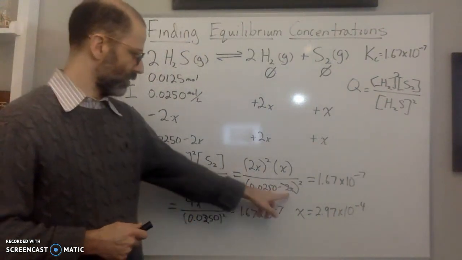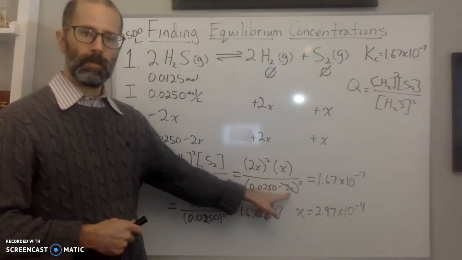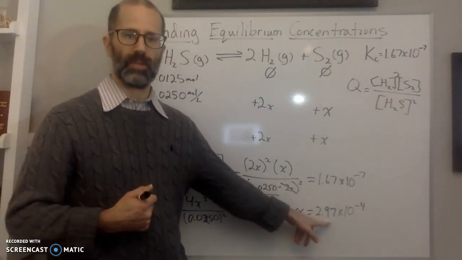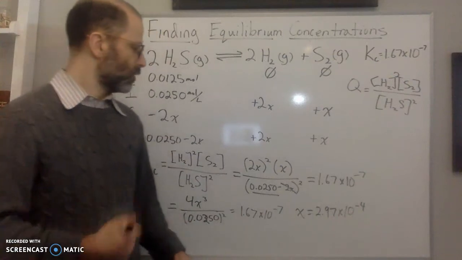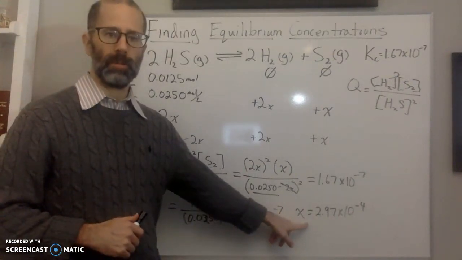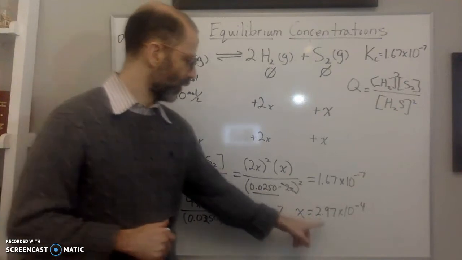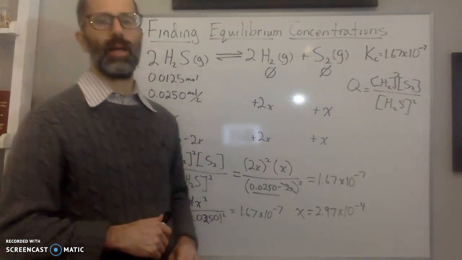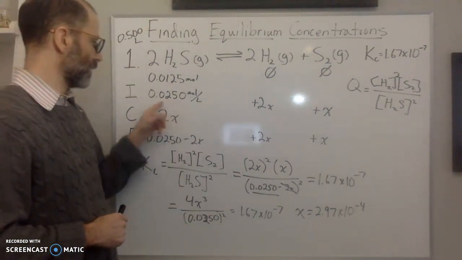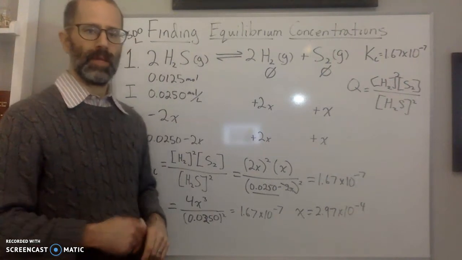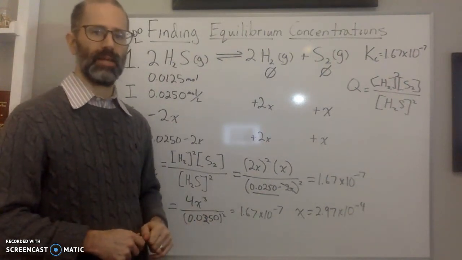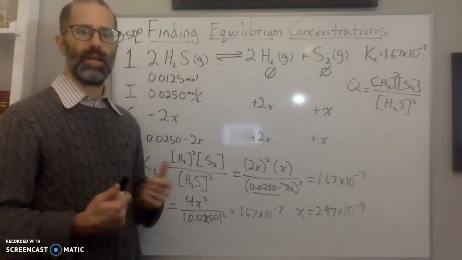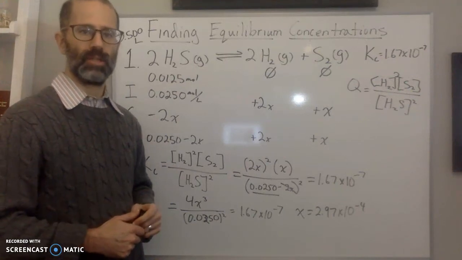We assumed that x was too small, but now we need to validate that, because if it wasn't too small, then that approximation would not be valid. So we need to use what is called the 5% rule. You take x, divide it by the original concentration, and multiply by 100. If this x is less than 5% of the original concentration, then it was a valid assumption to make.